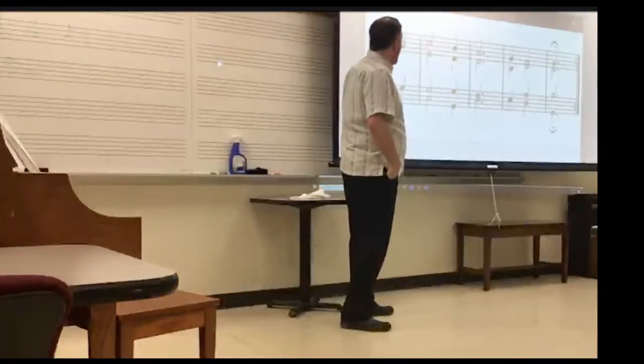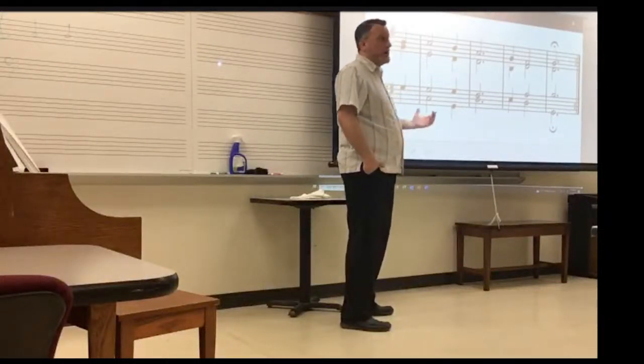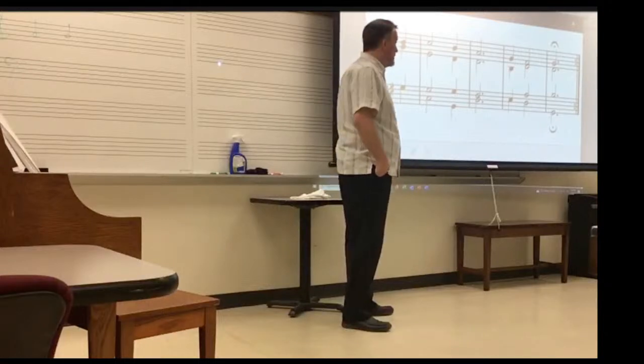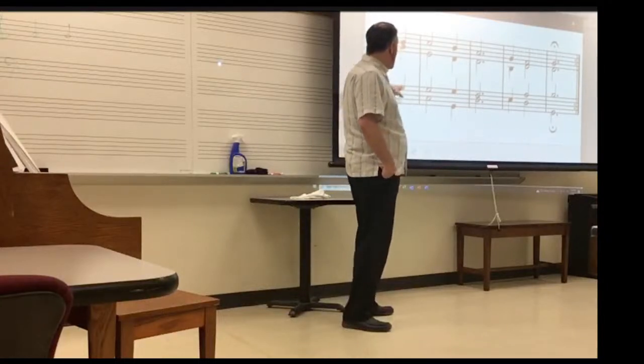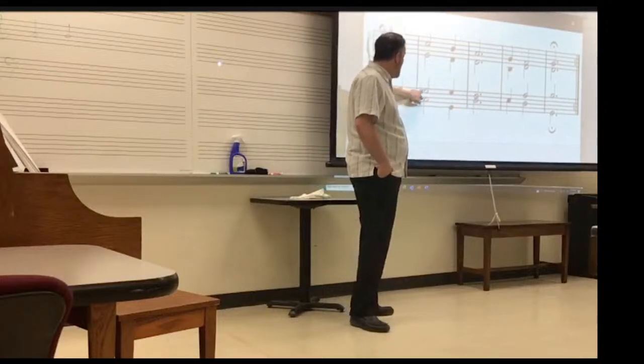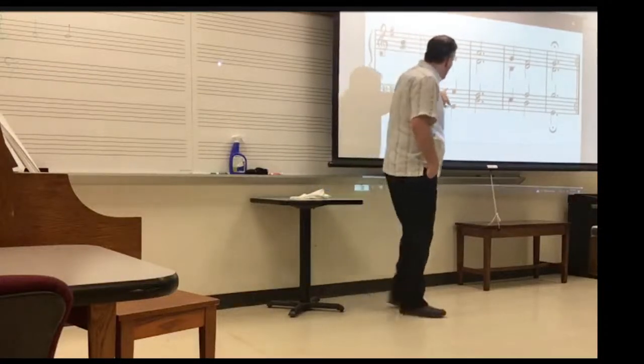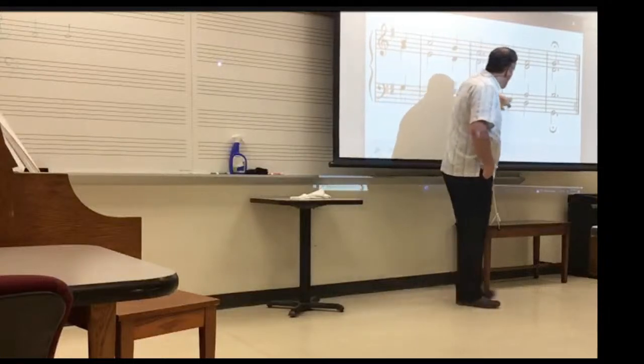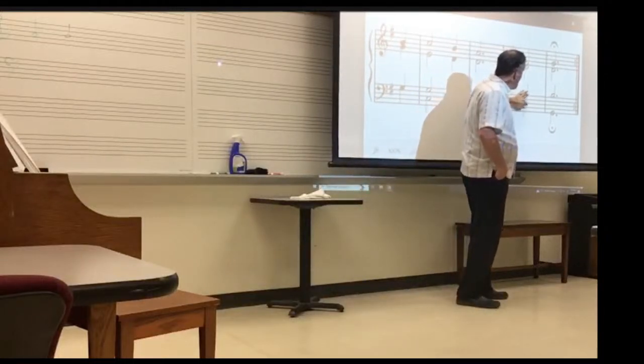The best way to find this, though, is to start with your voice pairs. If I was starting at the bottom, let's say tenor and bass, we have oblique motion, then contrary motion, contrary, contrary, contrary. No parallel motion.